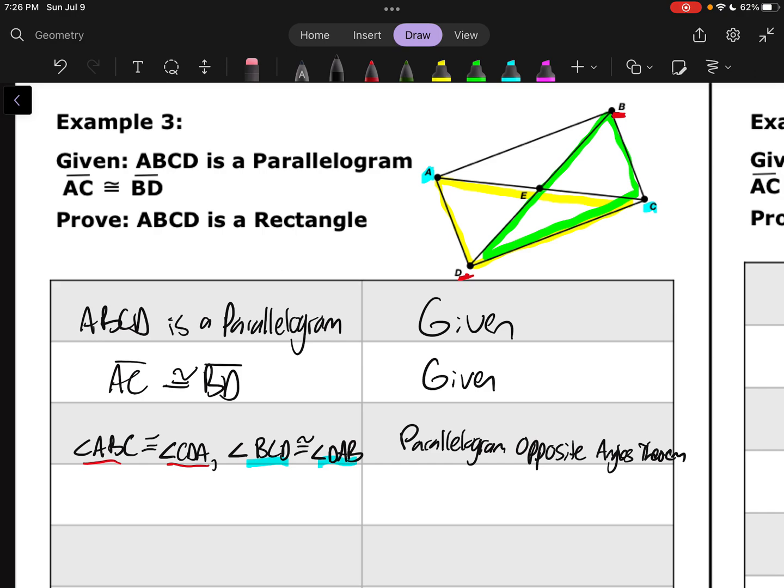So let's try focusing on gathering three congruent things between those two triangles, and then we would win. Now, conveniently, we already know that AC, this diagonal, is congruent to BD, this diagonal. So I already have one congruent thing. So if I can get two more congruent things, then I'll have my triangles congruent.